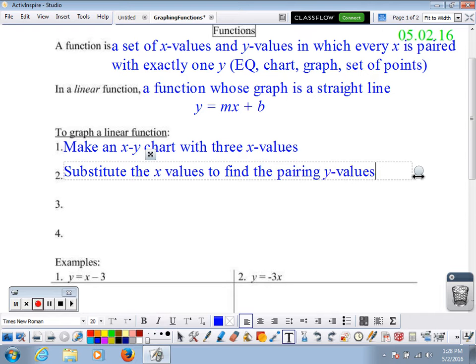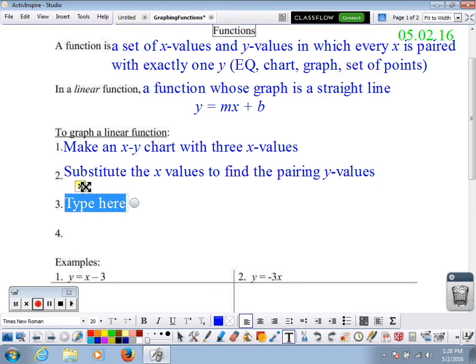Okay, every x gets exactly one y. So we take the equation, we substitute in an x value, and that function tells us what the matching y value is. So I know what x's and y's go together. I know that this x goes with that y, and this x goes with that y.